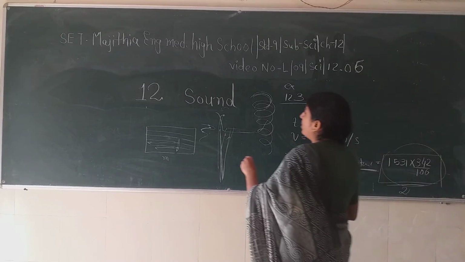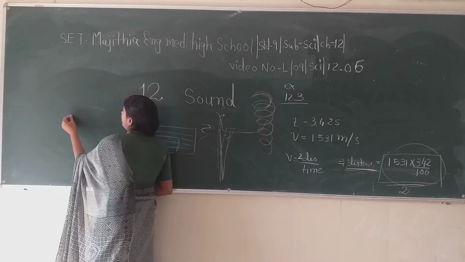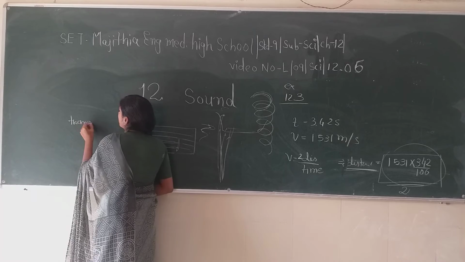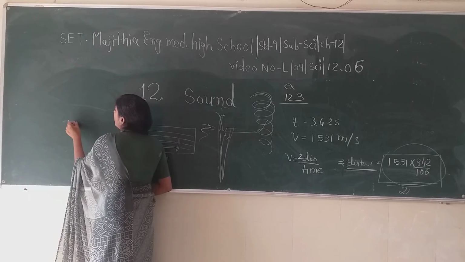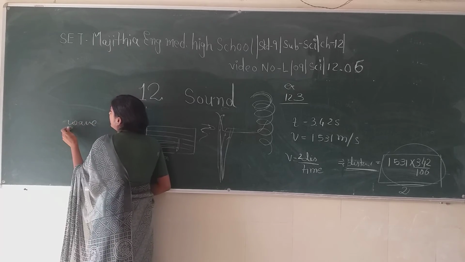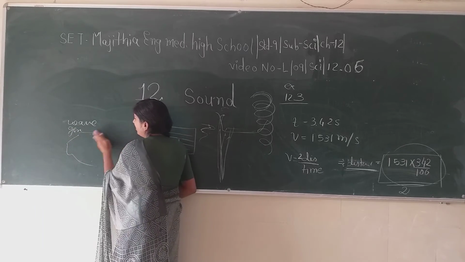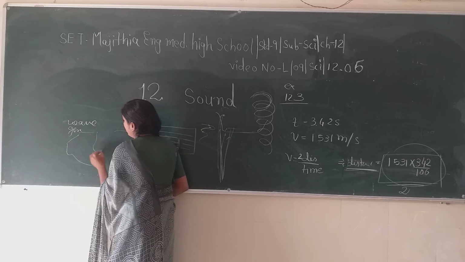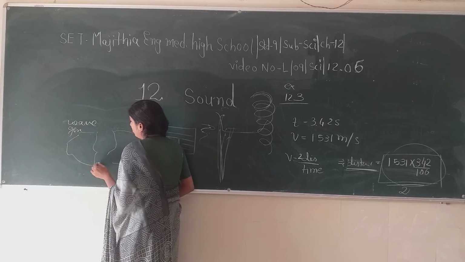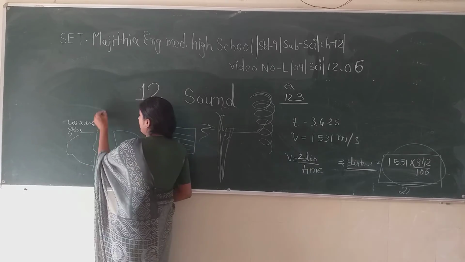So basically the transmitter or wave generator are the wings of bats. Okay, bats have a very complicated structure. So this kind of structure is there of a bat.